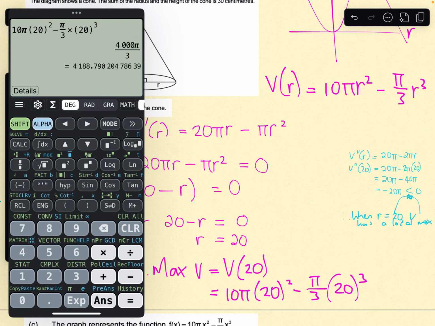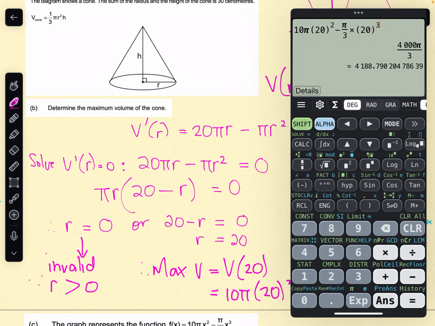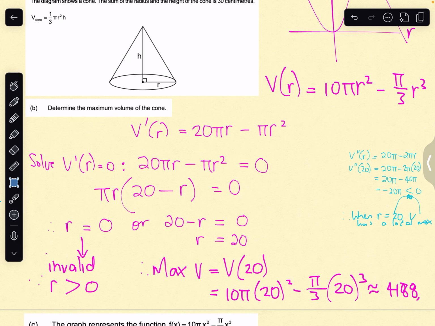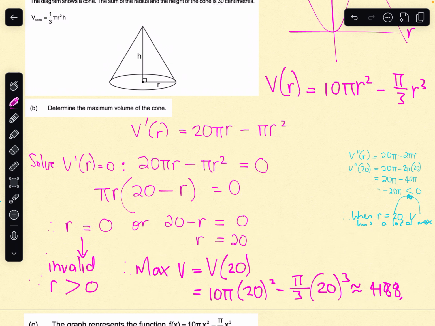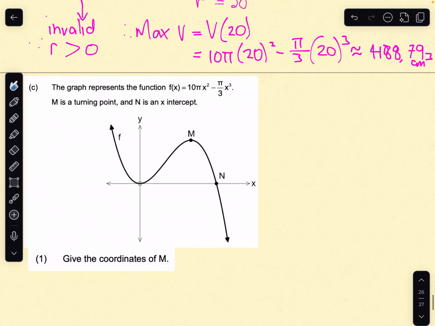Right, so this is roughly 418,879. Once again, space is running out here. I should have just added another page, honestly. So this is 418,879 cubic centimeters. Right. So next question.